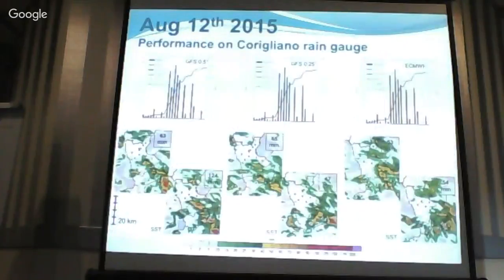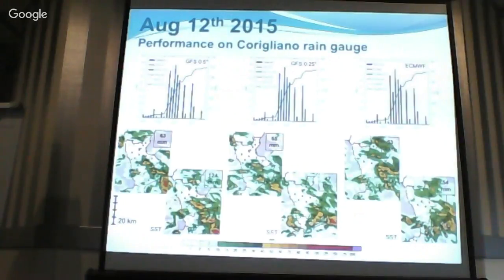And let's go to the rain gauge of Corigliano, that is the one that was affected by the event. You can see that when we have peaks far, let's say 20 kilometers far, from the rain gauge of Corigliano, in Corigliano we have almost no rainfall.